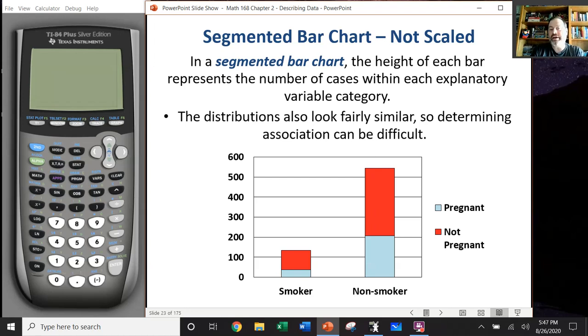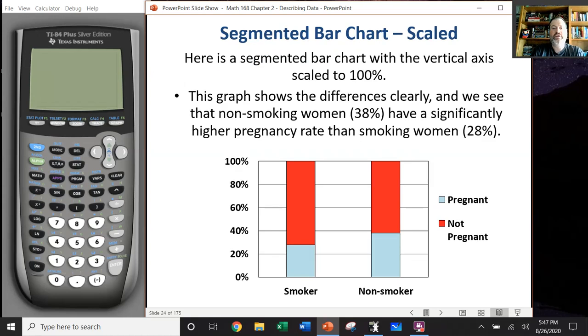But we can scale the segmented bar chart. What we do is take each vertical axis and divide by the denominator, and it scales it all the way up to 100%. So divide by the denominator, multiply by 100%. If that sounds familiar, it should, because that's exactly what we've been computing, these proportions, right?